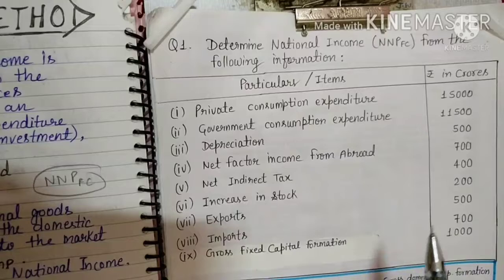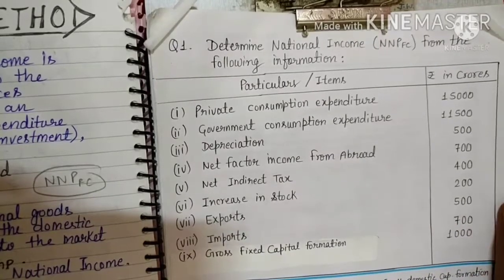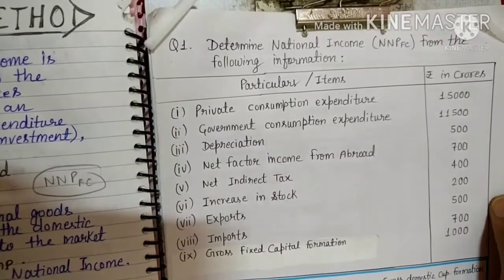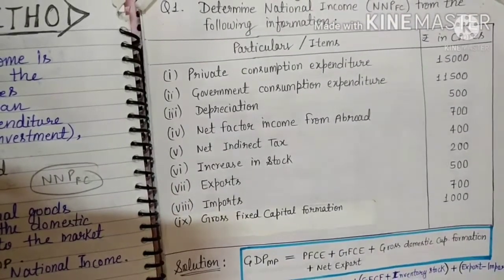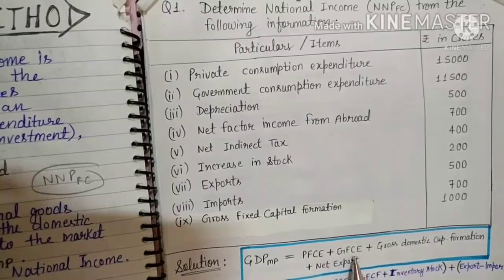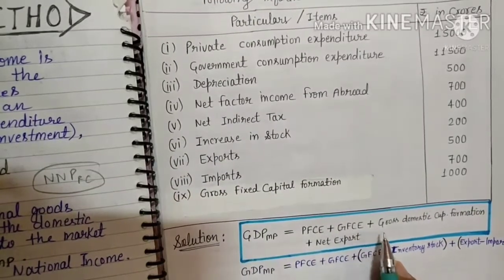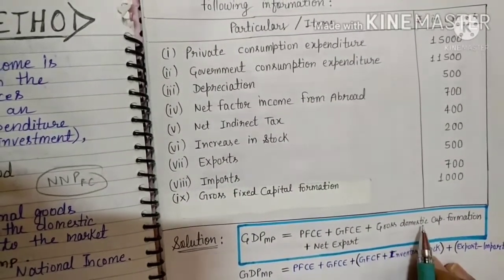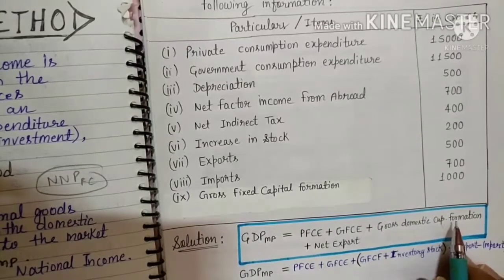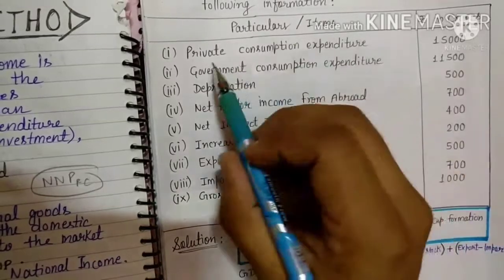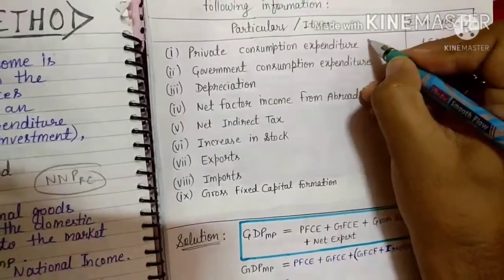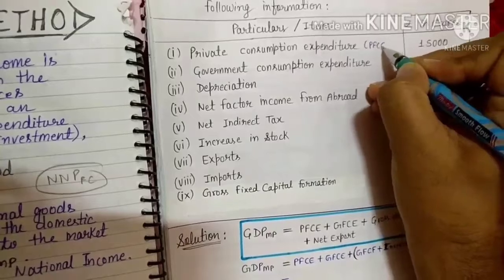Now first identify your items. As we have learned, in the expenditure method we have to add private final consumption expenditure, known as PFCE, then government final consumption expenditure, known as GFCE, then gross domestic capital formation, known as GDCF, and at last net export. So first, private consumption expenditure is also known as PFCE.